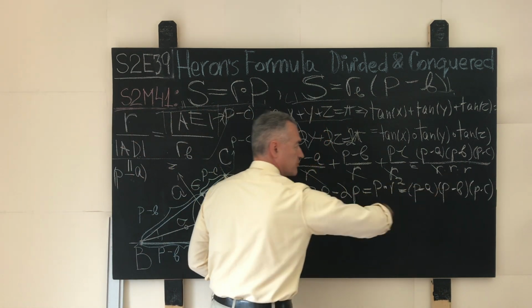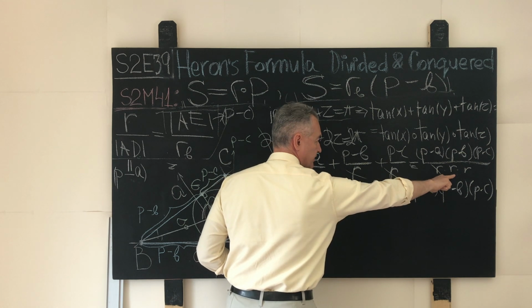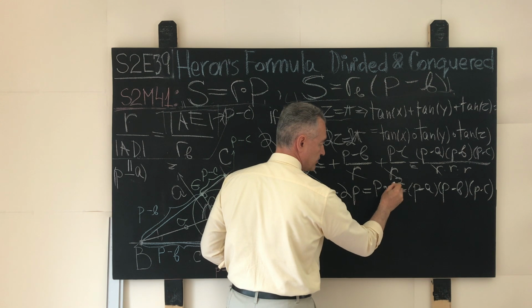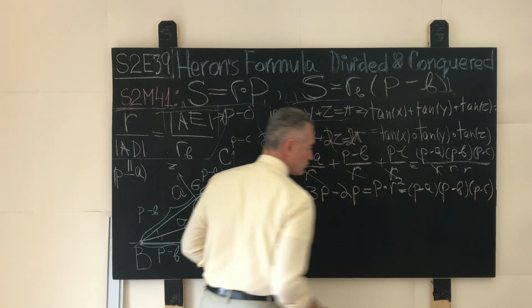R squared comes from the denominator on the right-hand side of the equal sign into the numerator, so to speak, of the left-hand side, here, this guy, and our product of 3 terms.